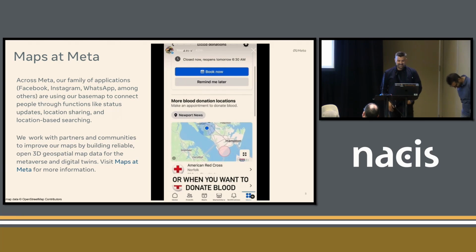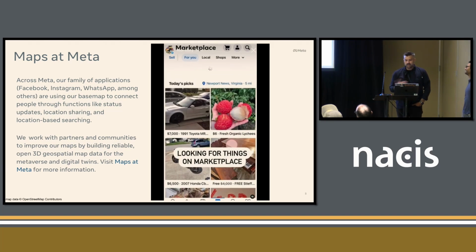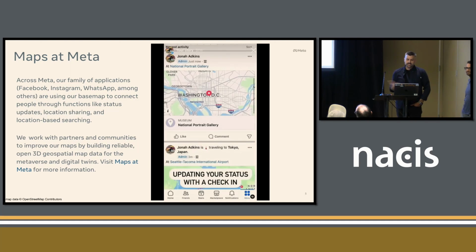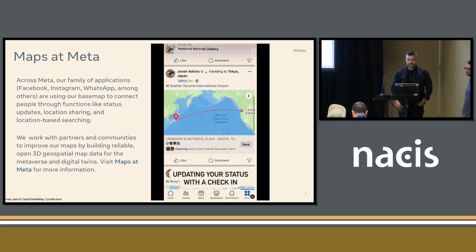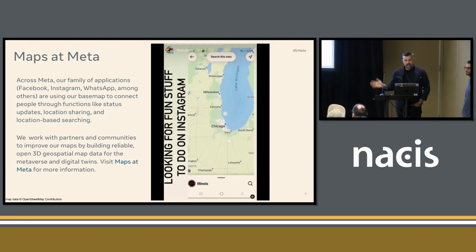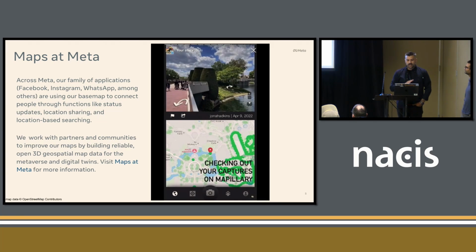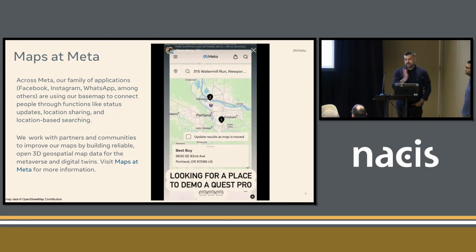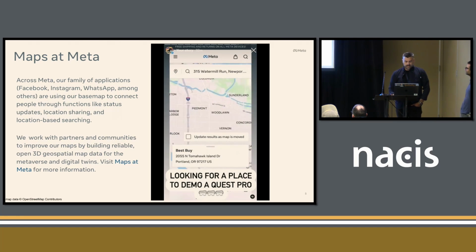I'm just kidding. But other things like Marketplace, there's a rental thing on there. There's places to find blood donation. There was a vaccine finder during the pandemic. So this is just one general purpose map that serves a variety of products, and it all starts from OpenStreetMap to Daylight to Earth Tables to this map we make.